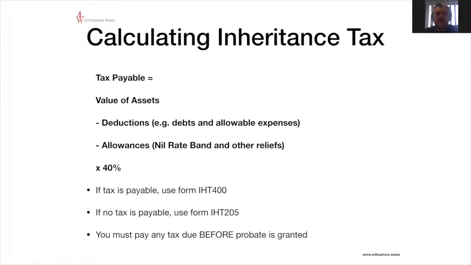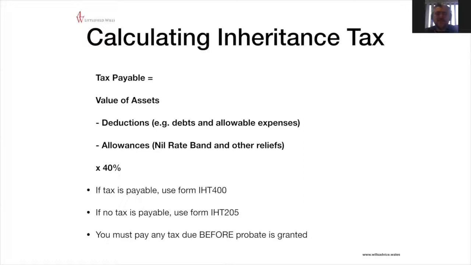You also take off allowances, and actually there are quite a number of allowances, but I've given you the chief one there, which is nil rate band, and something else called the residential nil rate band. After you've made those deductions, you end up with the net value of the estate, and the inheritance tax will be 40% of that net value.